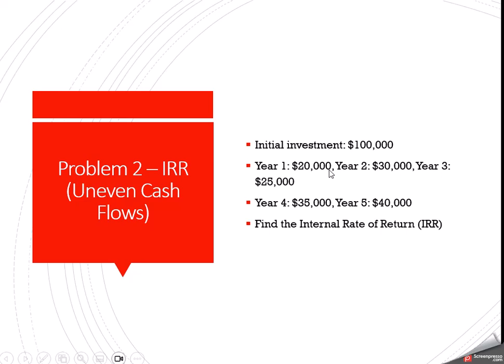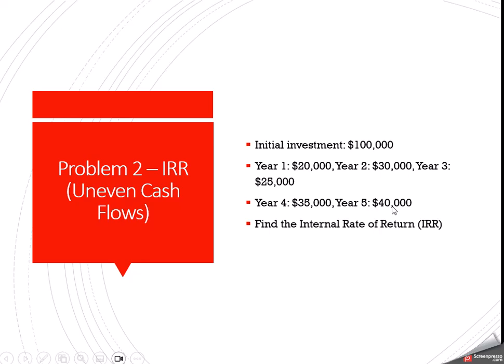Then again, go back. So your CO1 is going to be 20,000, and then you'd arrow down, and the frequency is just 1. We only get it one time. CO2 is going to be 30,000. Arrow down, your frequency is 1. Your cash flow year 3, or CO3, is going to be 25,000, frequency of 1. CO4 is going to be 35,000, frequency of 1.